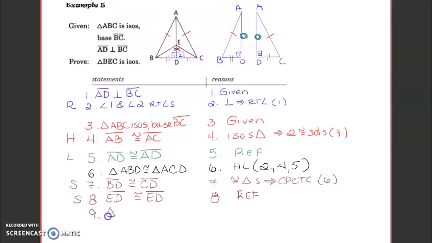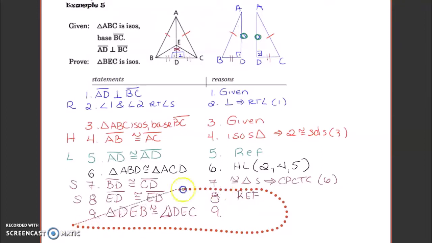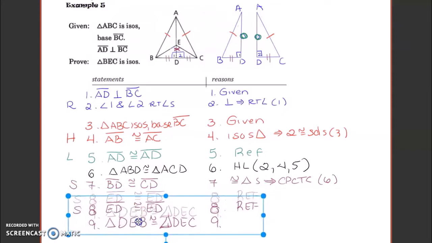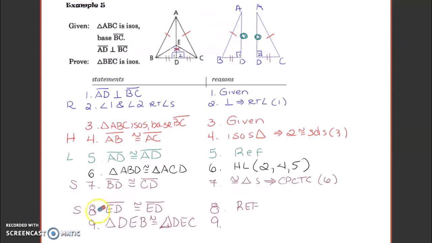And now I can say triangle DEB is congruent to triangle DEC by, oh, I never said the two right angles were congruent, so I'm going to have to go back and do that. Which means I have to move these two lines down. Squeeze in a line 8.